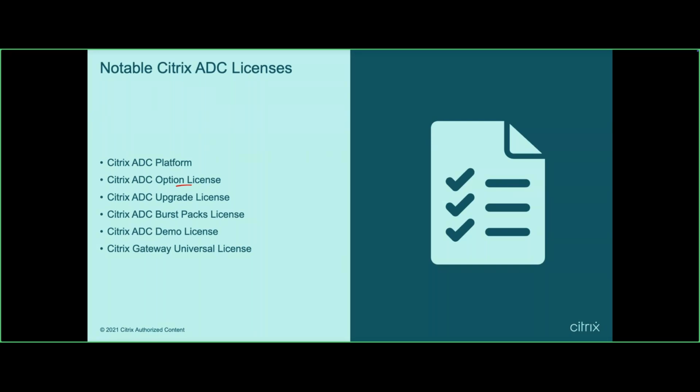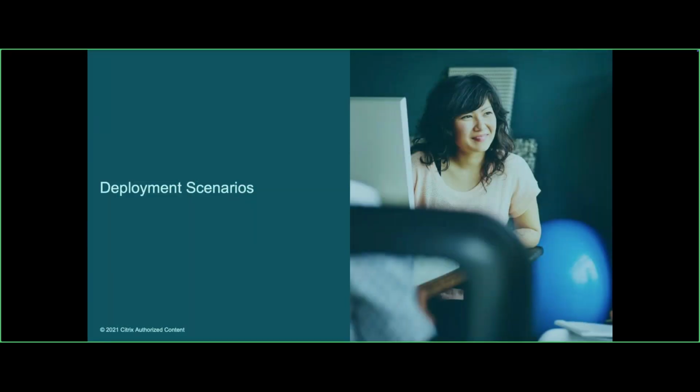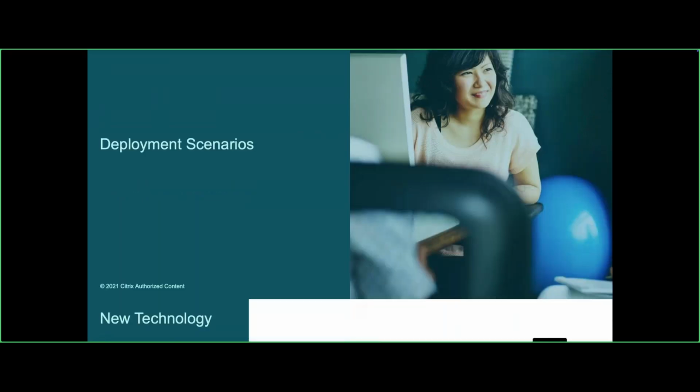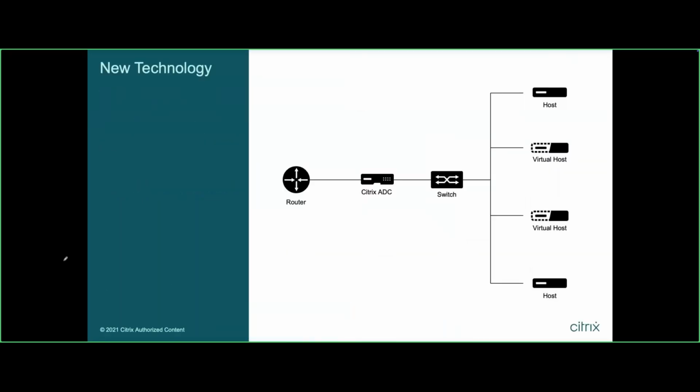And these are your deployment scenarios where you have the router, the ADC, and the switch. So the router communicates to the ADC, ADC to the switch, and communicates with your virtual hosts, multiple hosts.